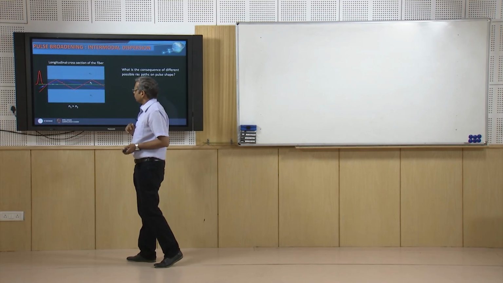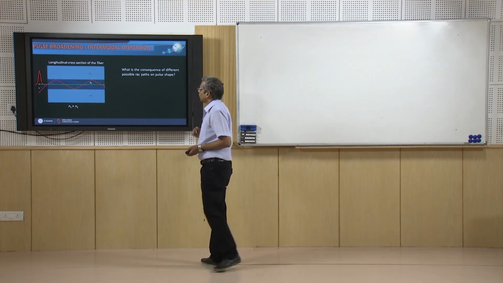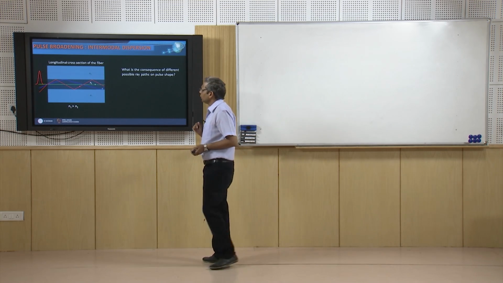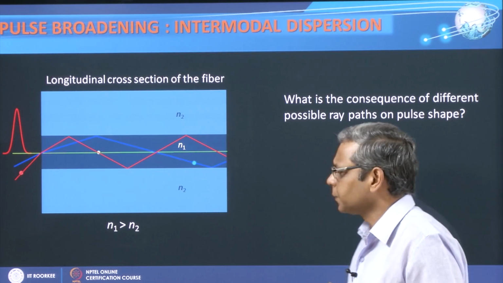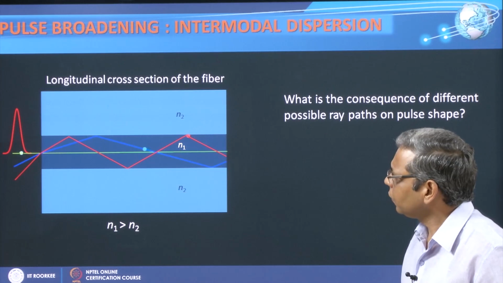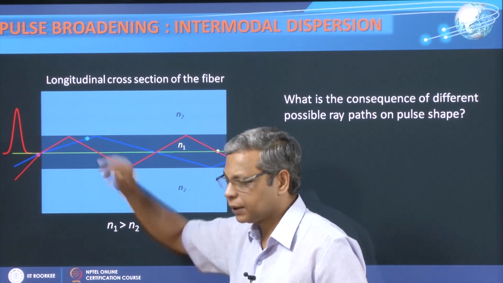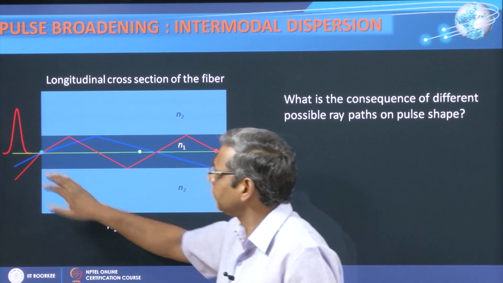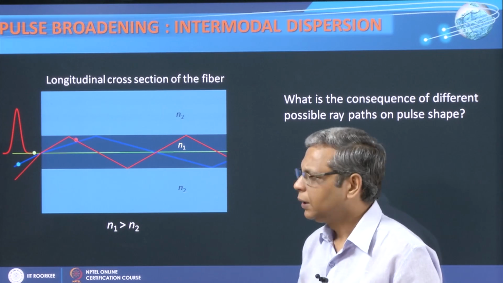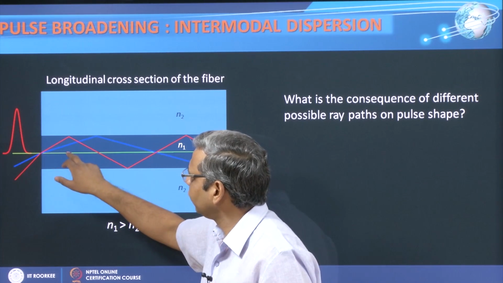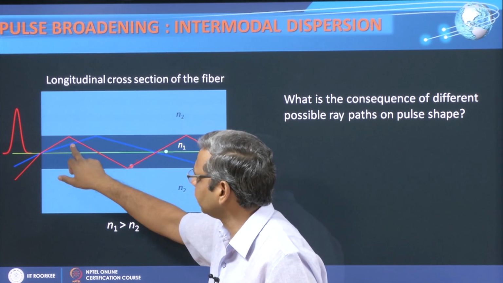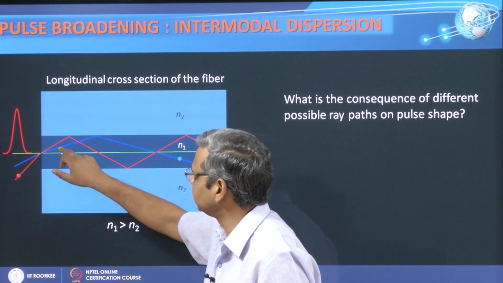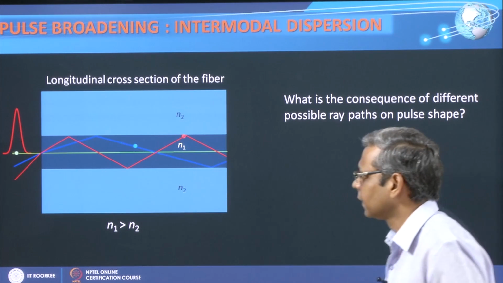Why is it broadened? If I look at a multimode fiber, then in a multimode fiber I can have various ray paths. If I launch a pulse of light into this fiber, then some of the energy can go into this ray path, some of the energy can go into this blue one, some of the energy can go into the red one.